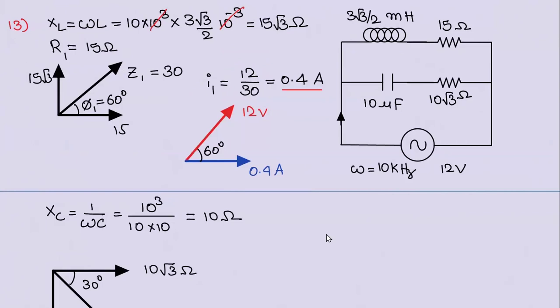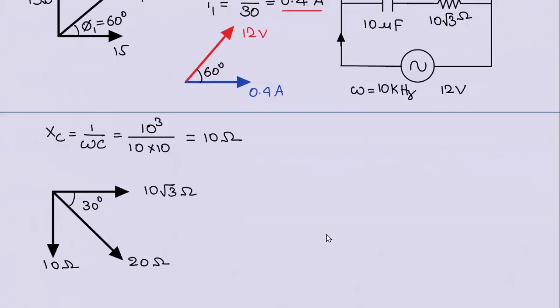Good. Now we have to make the voltage phasor. Observe, in series, current remains the same. Finally, current and voltage will be like this. This angle is 30 degrees. How to get the current? Current I need to calculate now.